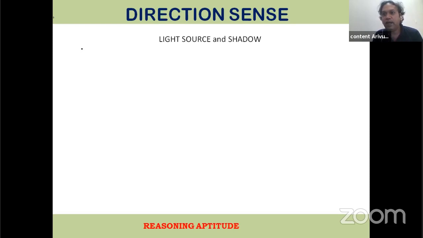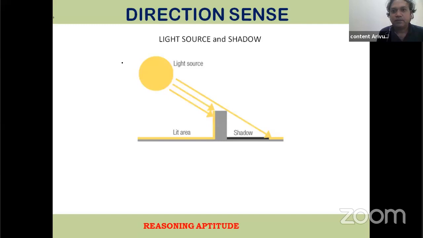Then we have syllogism and seating arrangement. So light source and shadow, something very elementary and basic is this. Write down: shadow is always in the opposite direction to the light source.